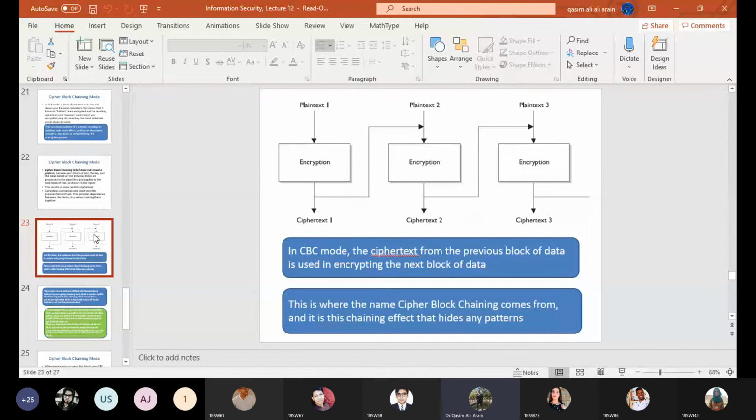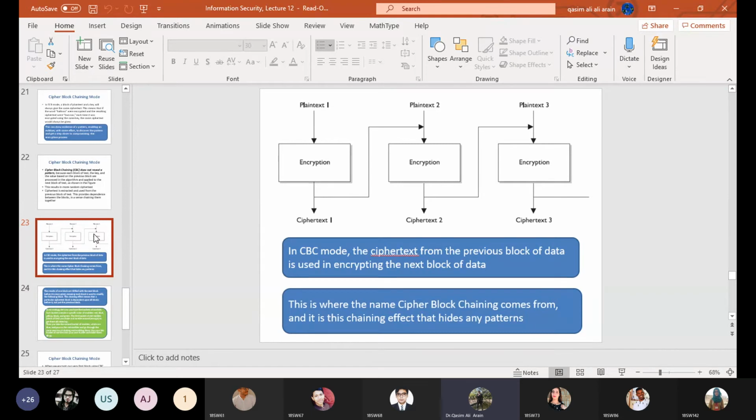Now this cipher text 1 would be XORed with plain text 2, and that plain text and cipher text 1 would be combined in encryption. Again encryption is applied and you get cipher text 2. Now the combination of cipher text 2 and cipher text 1 goes and is added with plain text 3, is encrypted, and you get cipher text 3. And when it goes to the fourth block, the combination of these three goes towards the fourth encryption algorithm, combines there, and you get cipher text 4.